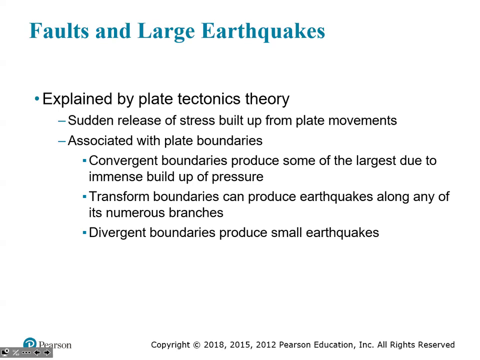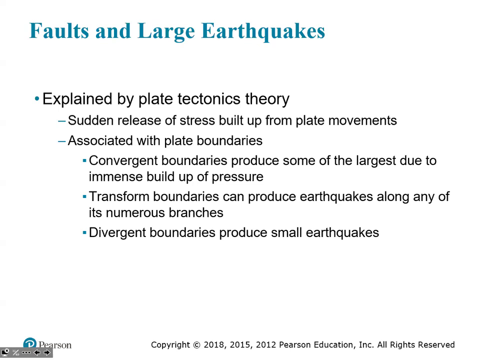So the release can be huge and massive. And these can lead to things like the tsunami that occurred in Indonesia a little while ago that was horribly destructive because the earthquake that set it off was so close to the coast. So there was no warning.